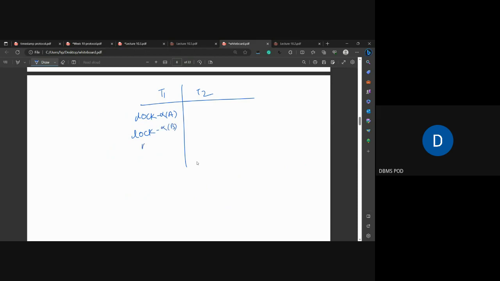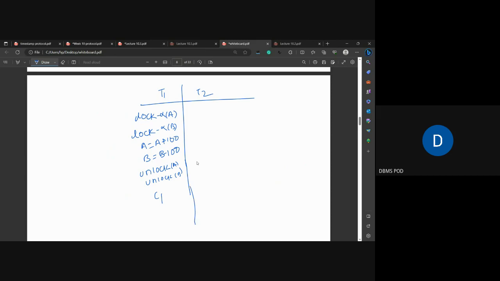Then we can write A equal to A plus 100 and B equal to B minus 100, right? And unlock the data item A and unlock B, right? And now we can commit it, right?